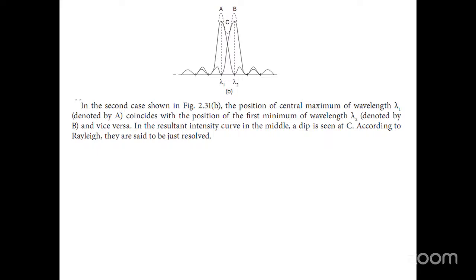You can say that the position of central maxima of wavelength lambda 1 may coincide with the position of the first minima of wavelength lambda 2, and in the resultant intensity curve in the middle there is a dip, a middle dip, which is seen at point C. According to Rayleigh's criteria, these two are just resolved.